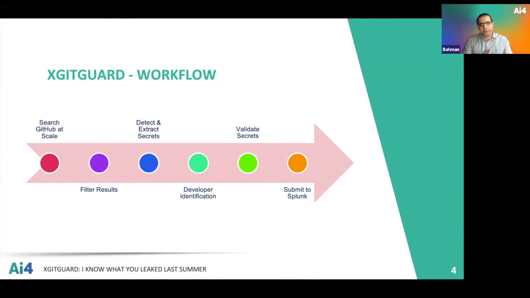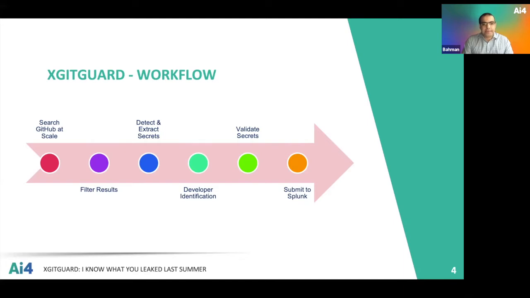Once we remove the noisy files and data, the candidate files are passed to our core engine, which helps us detect the secrets, extract them, and create the context around them, such as where the secret is within that repo, which line of code, and so on.